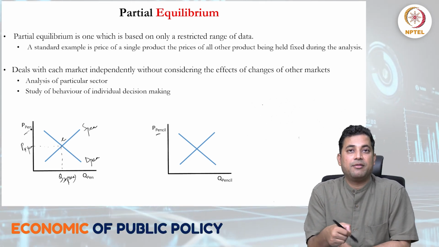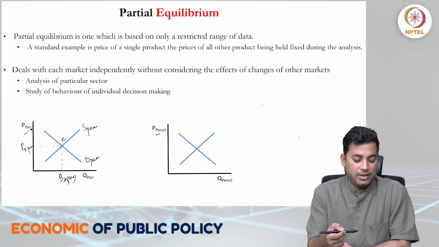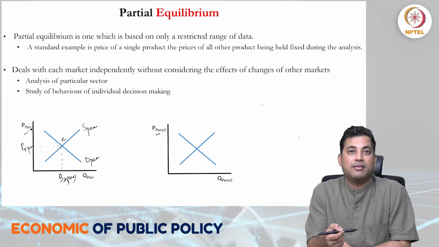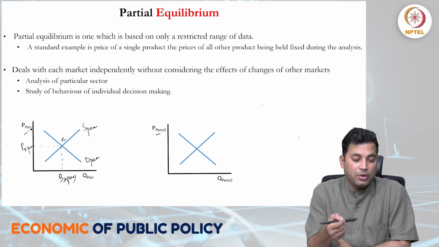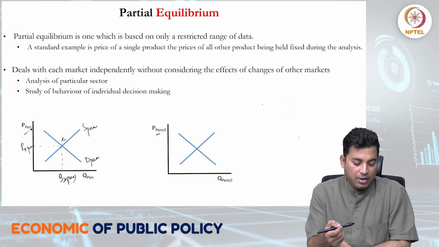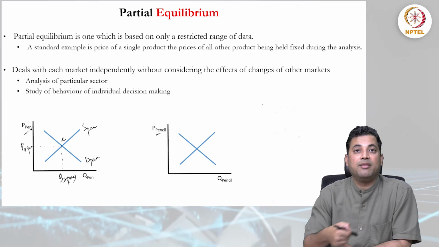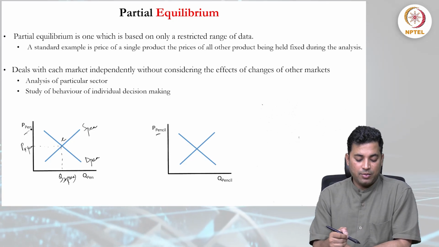Although pen and pencil are very close substitutes, here we will only try to calculate the equilibrium price for the pen and the equilibrium or optimum quantity at the given market conditions, what it should be.